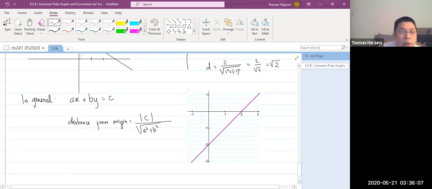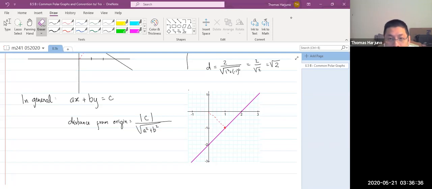Okay, so that's the graph, right? Now, this is 2. That's 2 units here. The closest distance is this. You can see that visually, right? Now, notice that if you apply the Pythagorean theorem, this is 1 and this is 1.